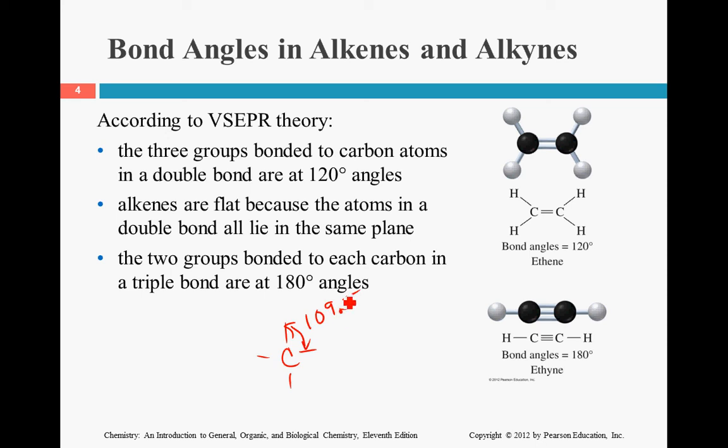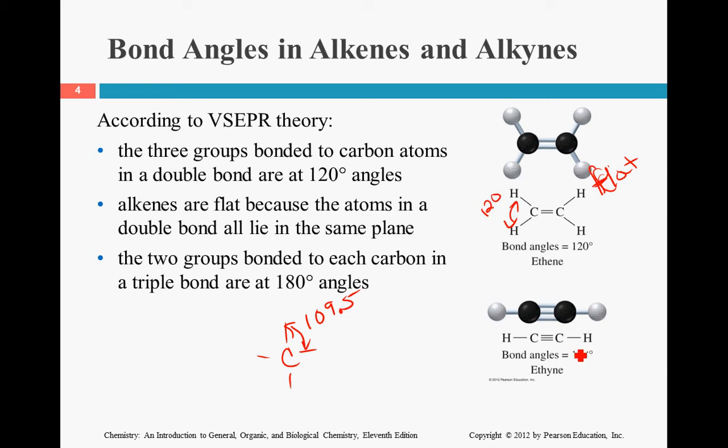It's not flat, so think of a bubble or a balloon that's trying to fill up all the space it can. Whereas with the double bond, this actually becomes a flat molecule, whereas the alkanes are not. So that makes this bond equal 120.